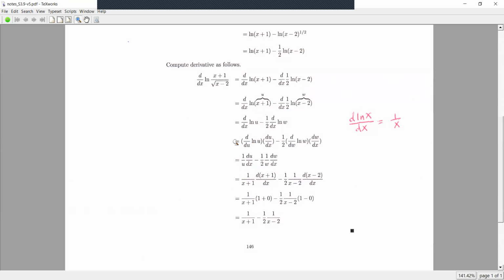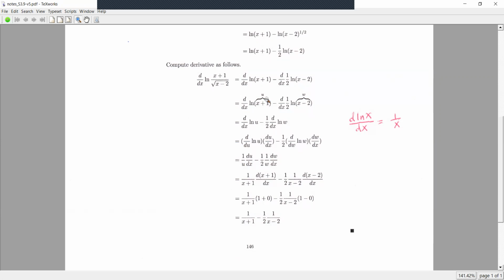Then I have this equation. The derivative of natural log of u with respect to u is 1 over u. The derivative of natural log of w with respect to w is 1 over w. Then I have this equation.